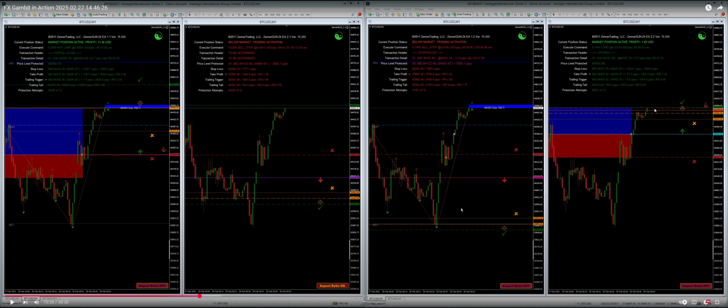It is waiting to take profit again on the bid because the transaction that's going to happen here is going to be a sell. So the sell has to be on the bid. So we're just a few points away from hitting this take profit level.